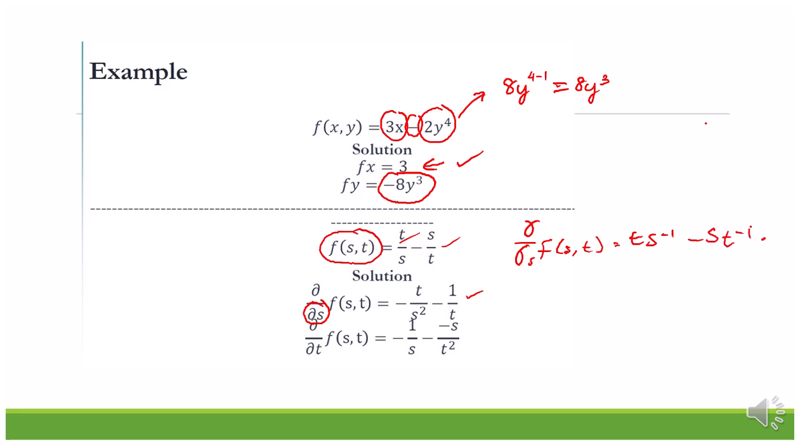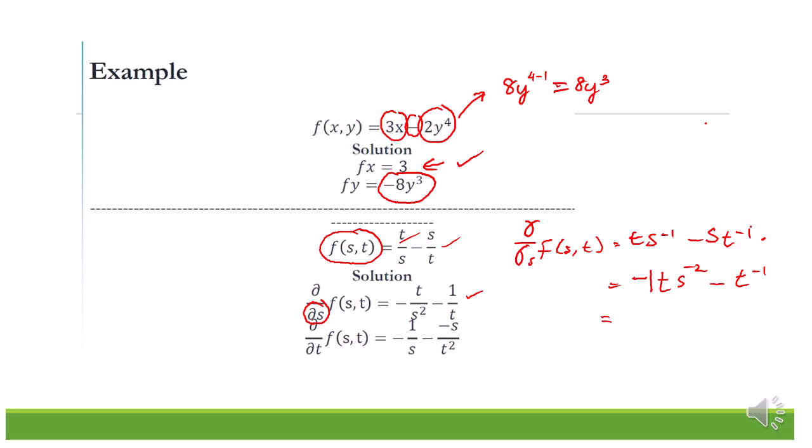If we differentiate with respect to s, this will be negative 1 multiplied by t, and s to the power of negative 1 minus 1, which gives negative 2. Here it will be just t to the power of negative 1.